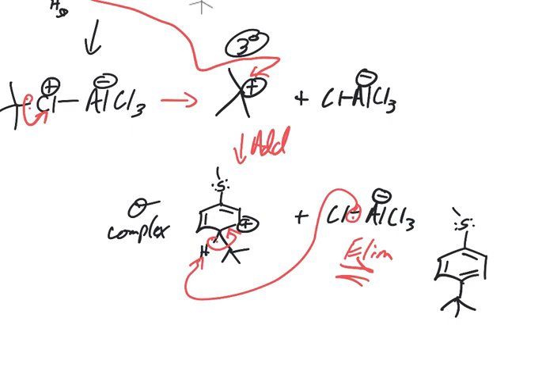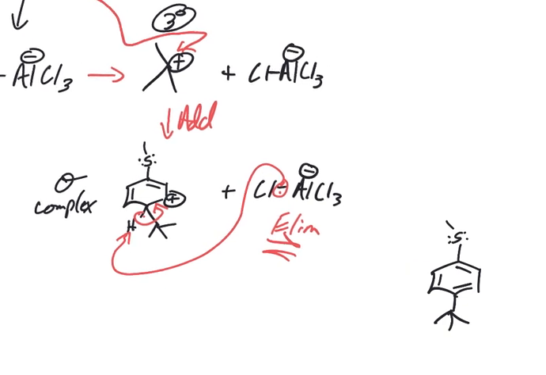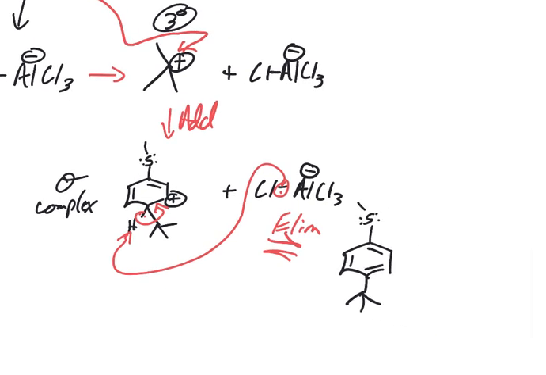We're going to regenerate the catalyst. All right, AlCl3. And that H we took off is now there with the chlorine. And this will be a fast step because we're re-aromatizing.